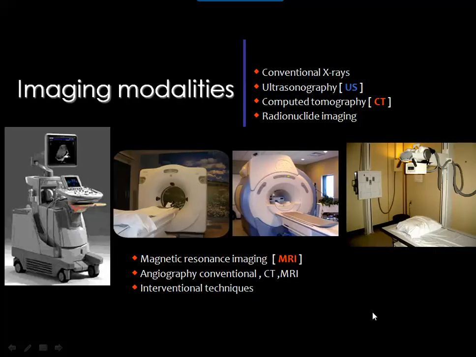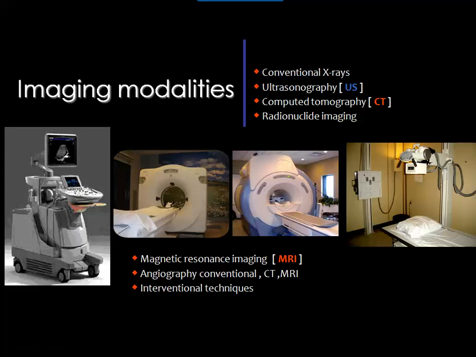As you all know, there are a lot of imaging modalities for evaluation of the renal tract, and these modalities include conventional radiography, ultrasound, CT, and MRI. And now we also have the angiographic techniques, which are usually performed by CT and MRI, and many interventional techniques that can help in diagnosis and therapy.